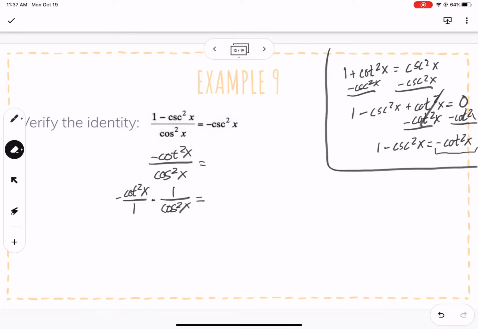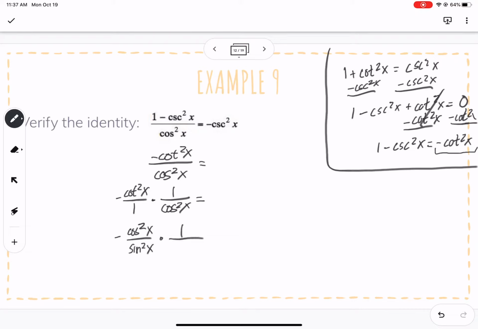Okay. Now cotangent squared can be rewritten as cosine squared over sine squared. It can also be rewritten as 1 over tangent squared, but notice that we're not trying to get to anything with tangent, so let's not use that option. So I'm going to rewrite negative cotangent squared as negative cosine squared over sine squared.